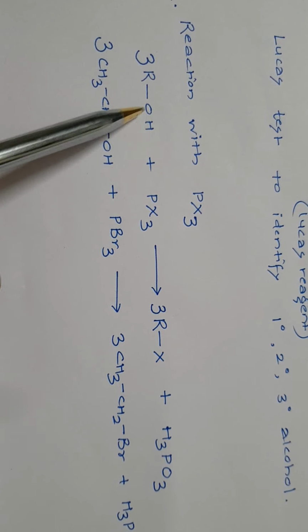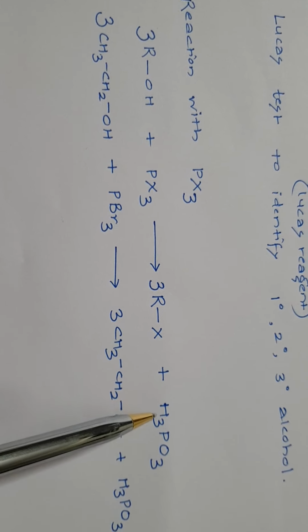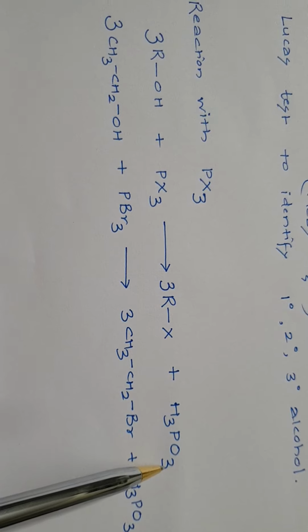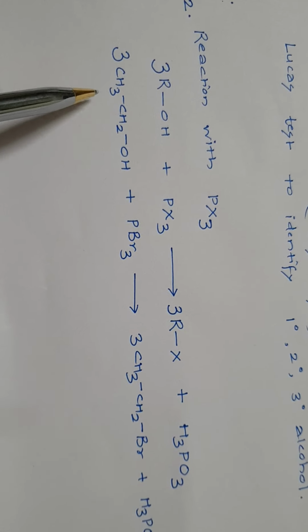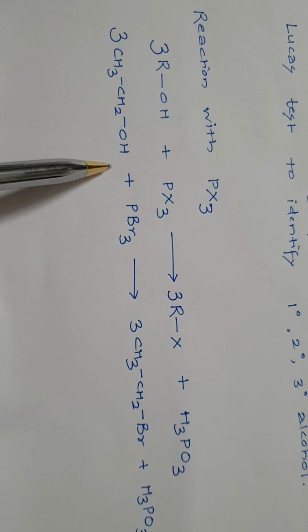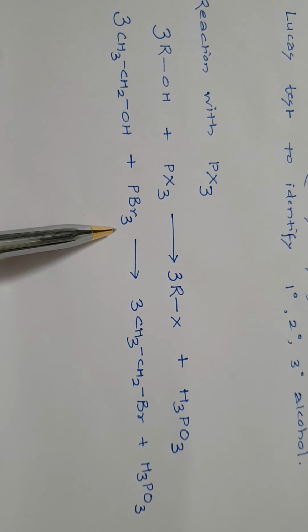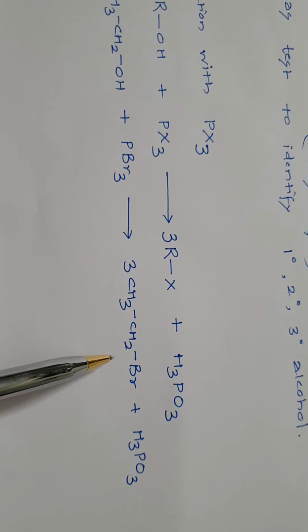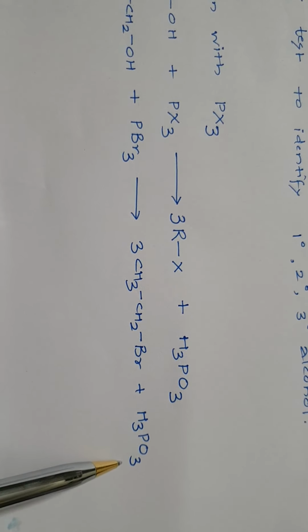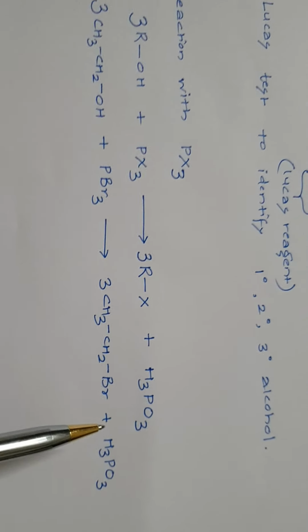You have OH replaced by X, and the byproduct which is obtained is phosphorus acid, H3PO3. We are taking an example here. CH3CH2OH, that is your ethanol, reacts with phosphorus bromide in order to give you bromoethane, and we obtain over here phosphorus acid as our byproduct.